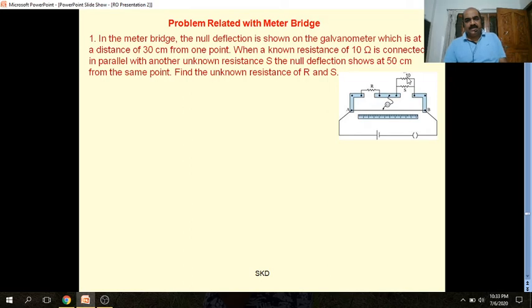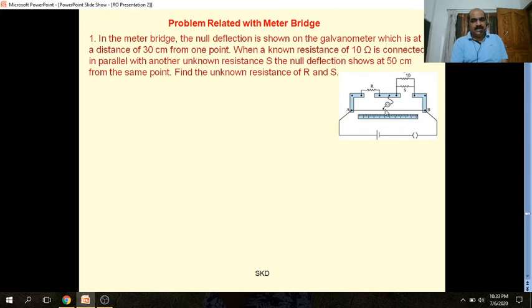So the resistance in the parallel connection of S and 10 gets reduced. Reducing the value of resistance in the right gap will reduce the length corresponding to it.